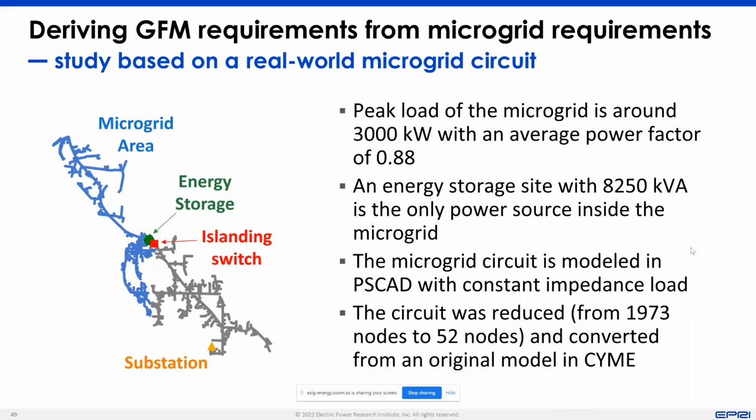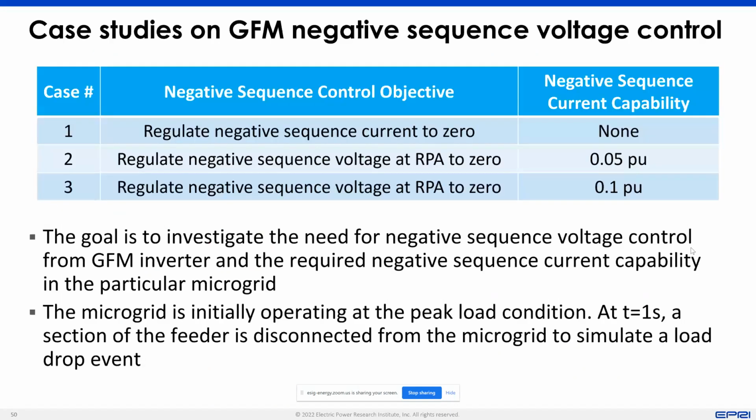To give an answer for that, we look at a real world microgrid circuit, which is from the Duke microgrid example, and we convert their circuit into PSCAD to run some studies. So we ran several case studies.